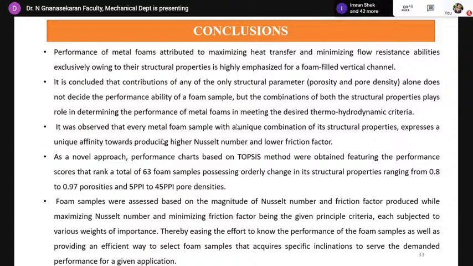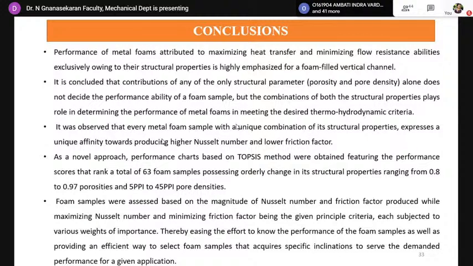So in the numerical methodology, we have considered the numerical model equivalent to the experimental setup reported in the literature, and then we found the TOPSIS method is more suitable for this case, and we applied it, and we got the solution, and we have discussed elaborately in terms of performance score.